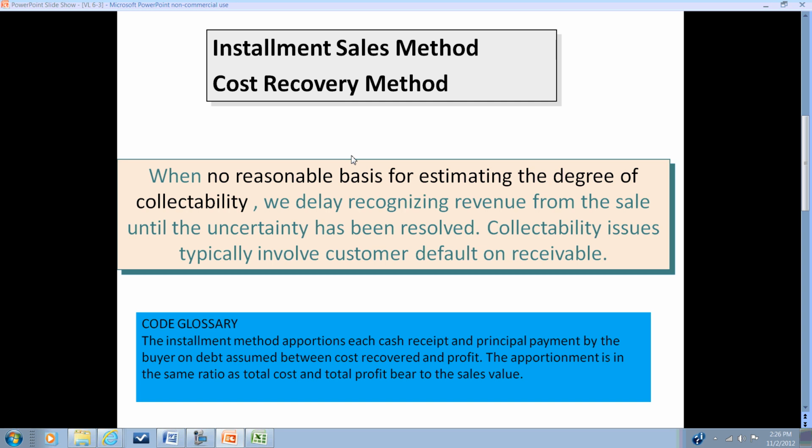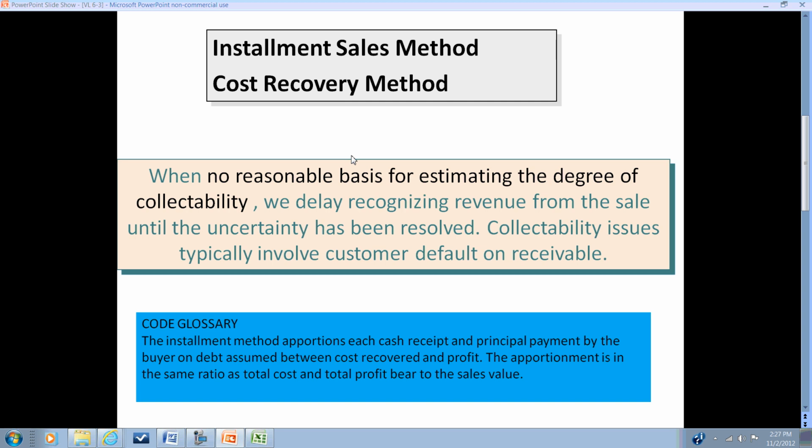GAAP says that when there is no reasonable basis for estimating the collectability, that is, we're not sure that we are going to collect on a sale from a customer, we have to delay the recognition until the uncertainty has been resolved. And again, this collectability typically centers around the customer's payment, whether we're going to receive it or not.